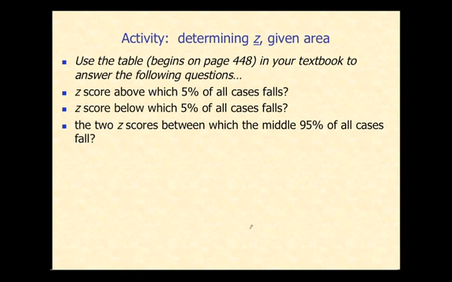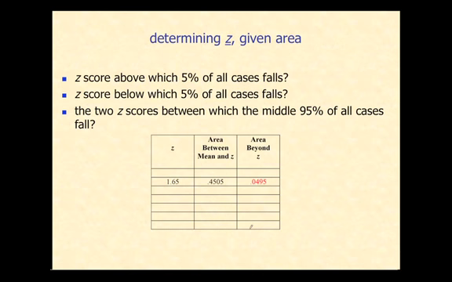Okay, so hopefully you paused and you were able to find these values. What z-score above which 5% of all cases falls, what z-score below which 5% of all cases fall, and the two scores between which the middle 95% of all cases fall. So if we look carefully, these are called critical values, by the way.